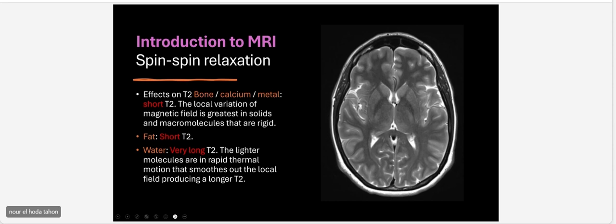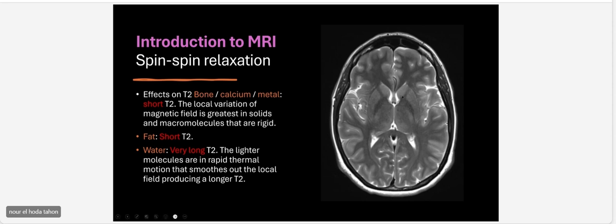the fluid is bright. Okay, so in T1, we mentioned the fat is short, right? Now the fat is also short in T2, but it gives us this signal, and it's not bright like T1. And what about the fluid or the water?